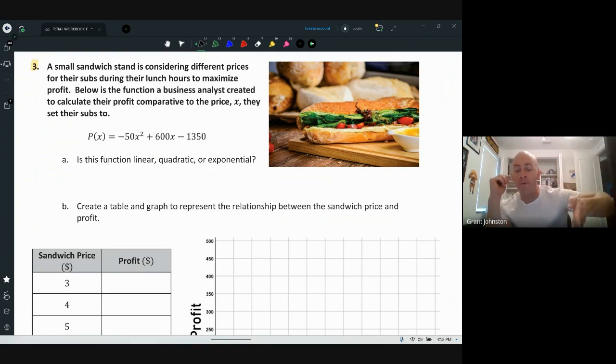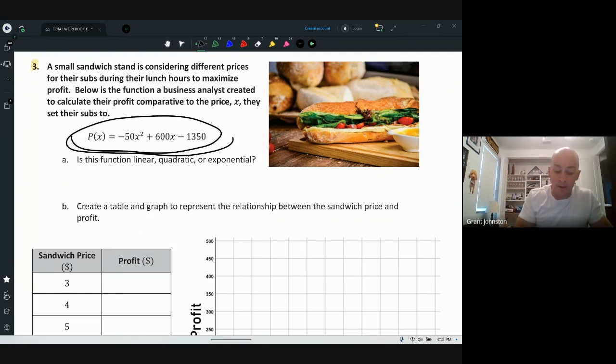It'll be low profit, or you might even lose money. Then the more you charge for it, the more profit you'll get. And then there's that sweet spot for a price. And then if you start charging too much, less people are going to buy it. You're going to have less and less profit.